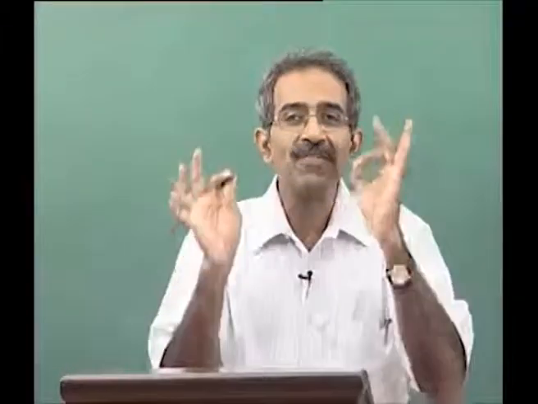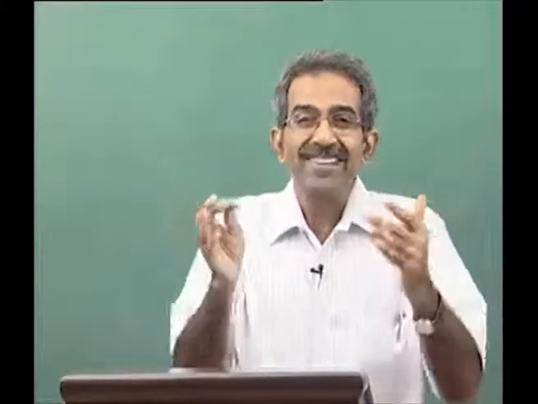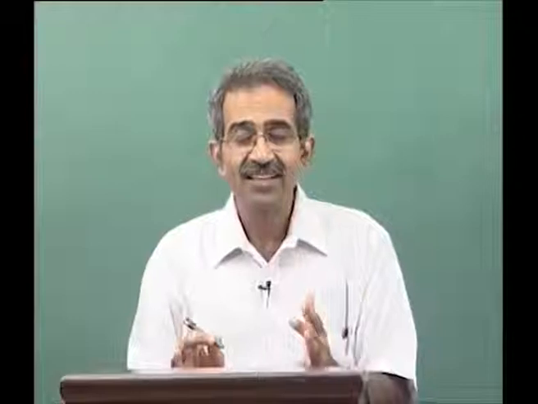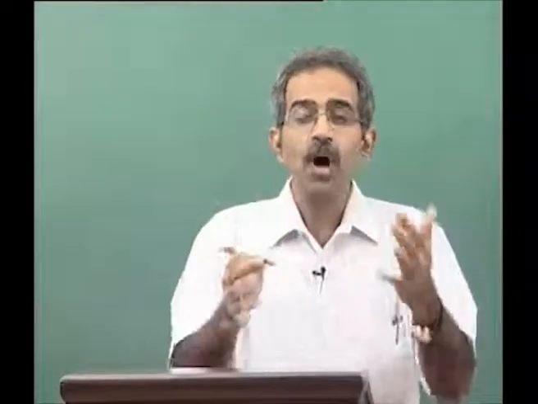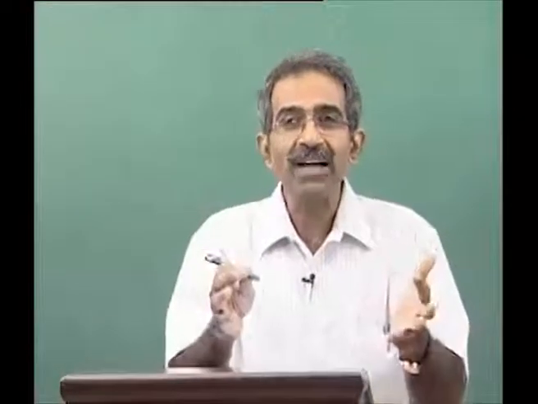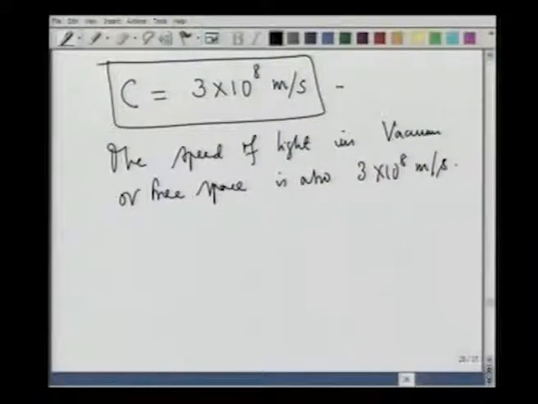Nowhere do you make use of a single electromagnetic phenomenon. So there is nothing that suggests that the properties of light have anything to do with electromagnetic waves. But suddenly Maxwell sets up an equation. He finds that there is a quantity equal to 3 into 10 to the power of 8 meters per second. And where is it coming from? It is coming from 1 over root epsilon naught mu naught, and this is the speed of light.